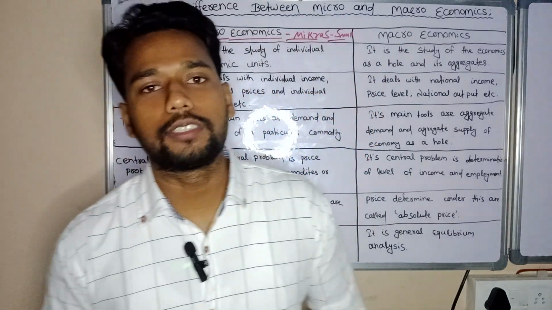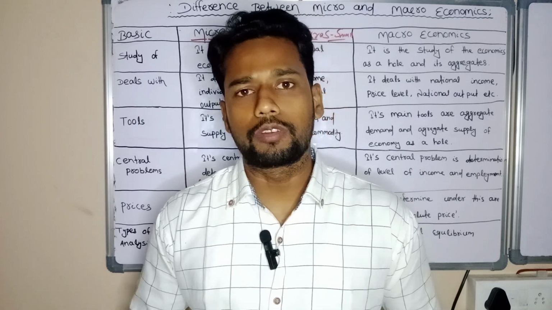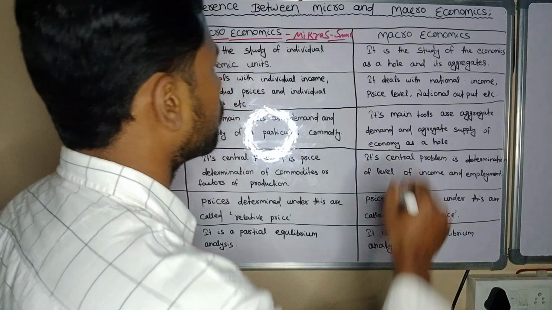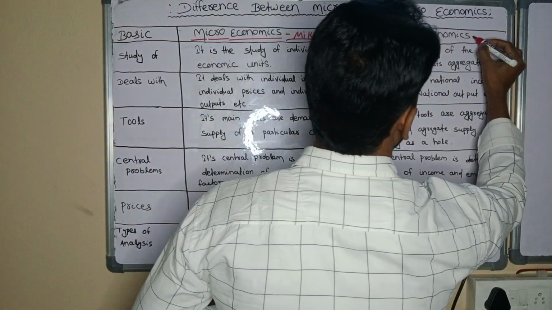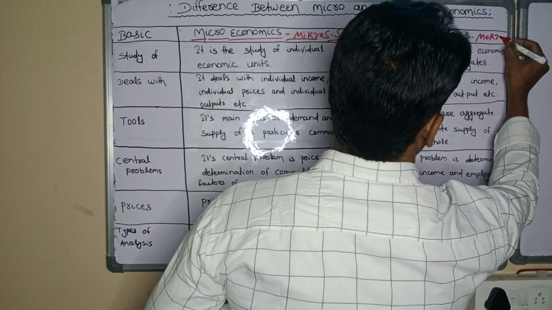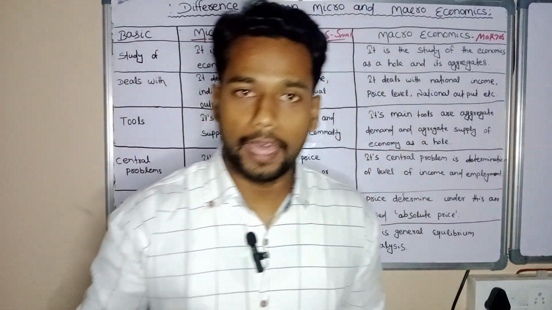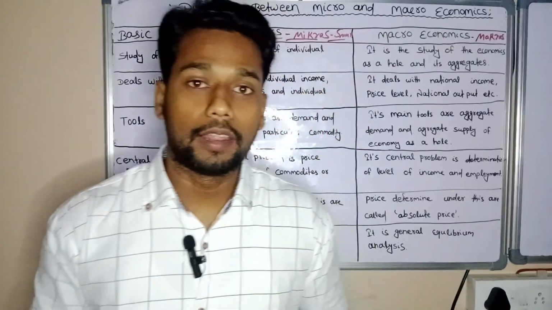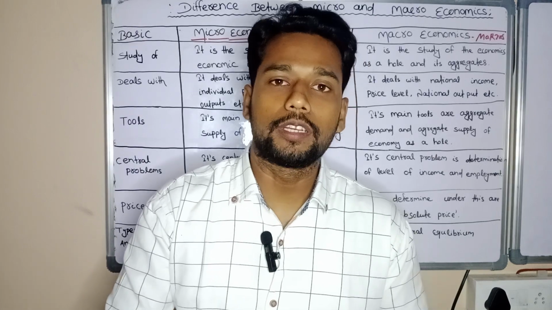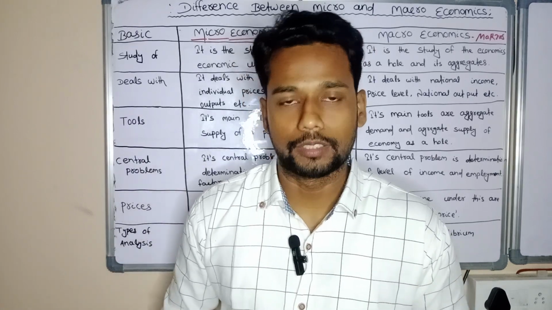Then what is macroeconomics? Again, the term macroeconomics comes from the Greek word macros, which means large. The study of a large unit, or the study of all the small units in aggregate, is called macroeconomics.